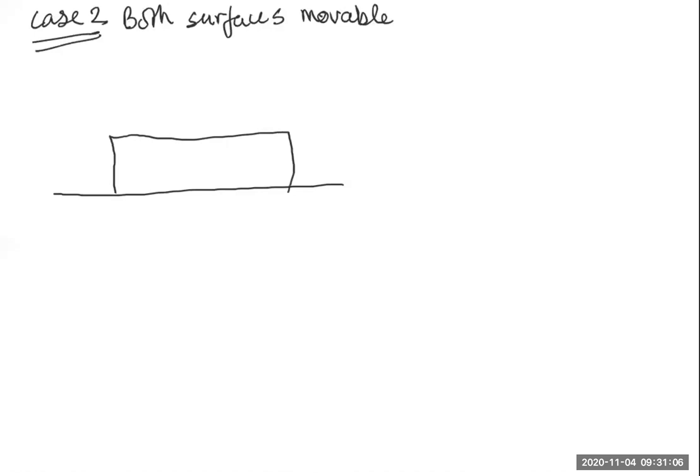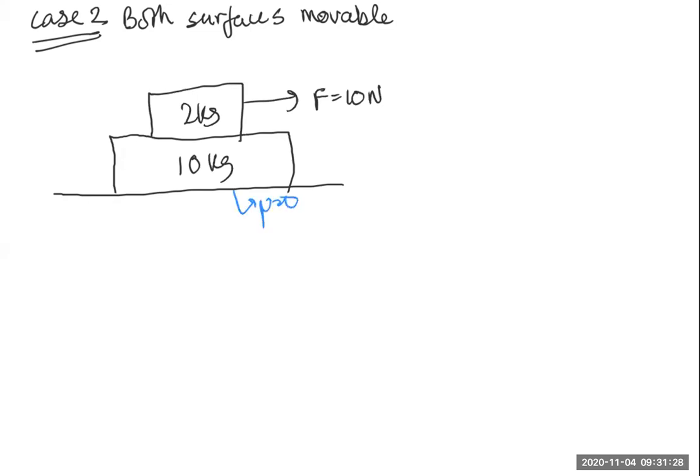So we have 10 kg, everything is the same. We have the 10 kg and we have 2 kilograms and we have the force 10 Newton here. We have mu is equal to 0 here. We have mu is equal to 0.5.